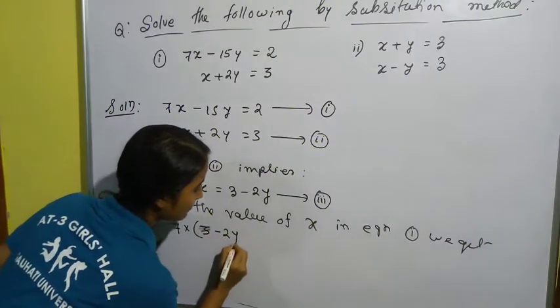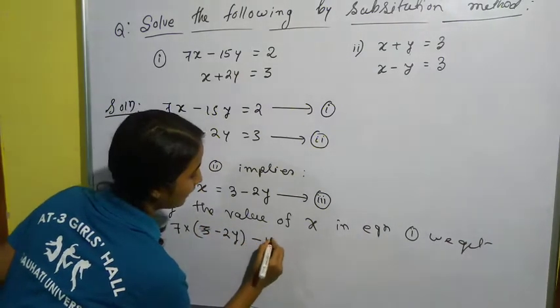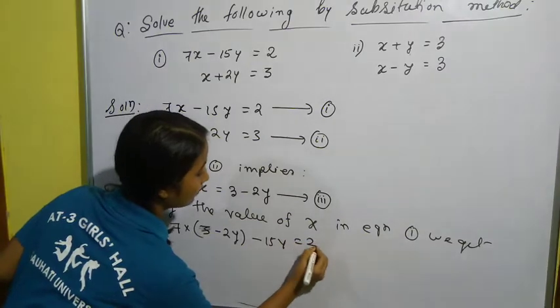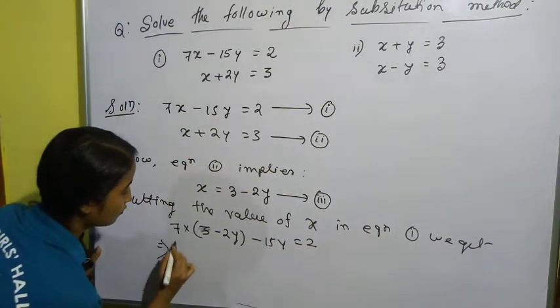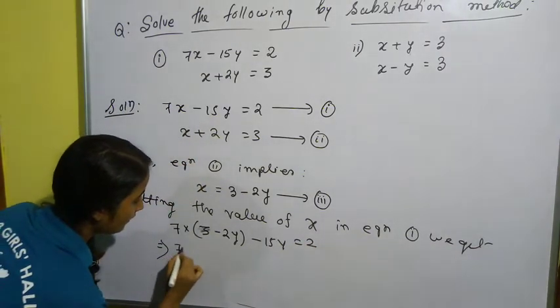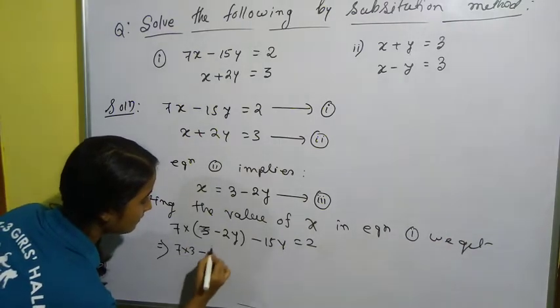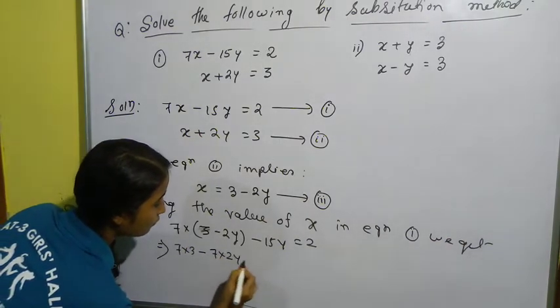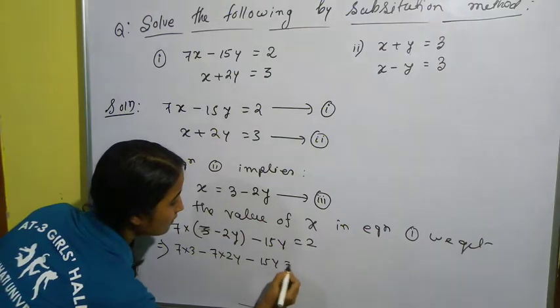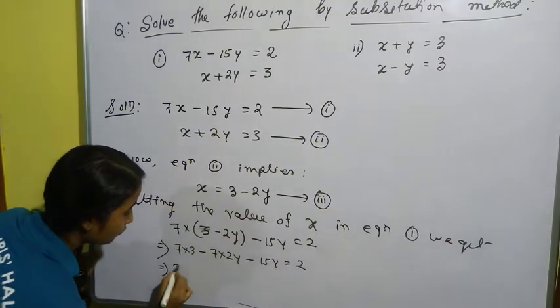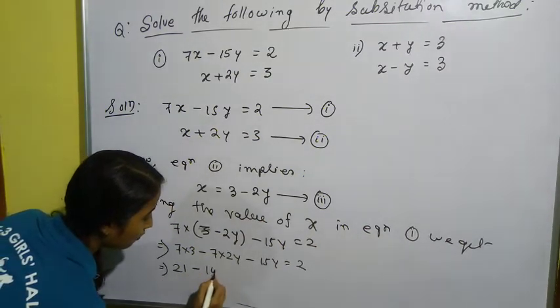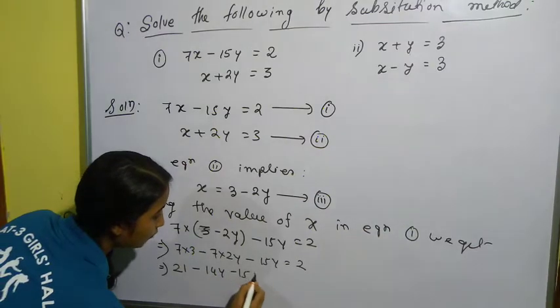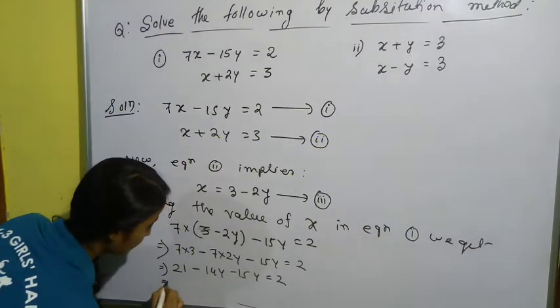3 minus twice y minus 15y is equal to 2. So 7 into 3 minus 7 into twice y minus 15y is equal to 2. 21 minus 14y minus 15y is equal to 2.